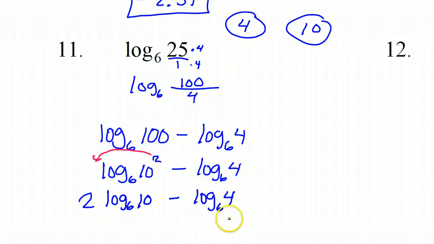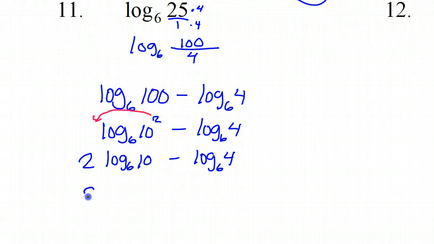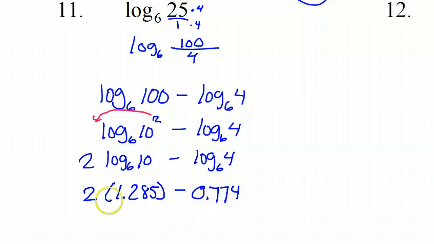Now we have the decimals for these, so we can do that easily. So this is 2 times 1.285 minus 0.774. Bootleg calculator here.